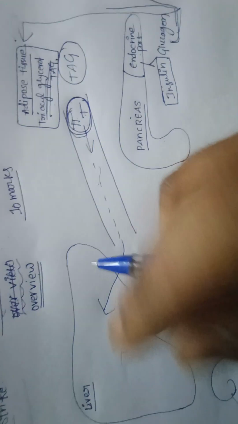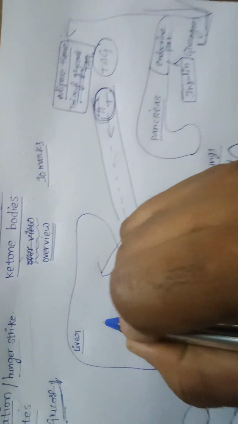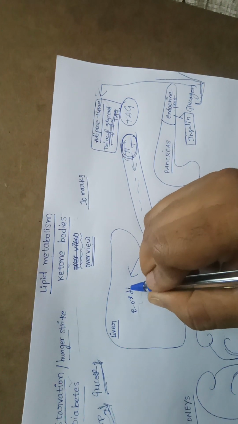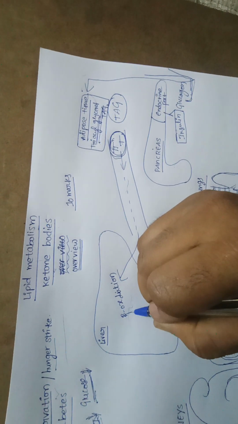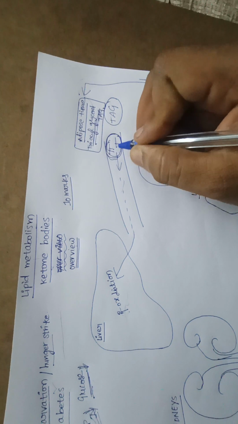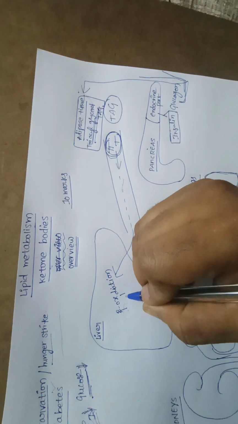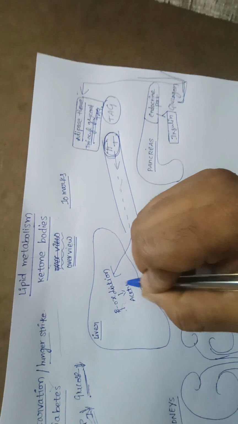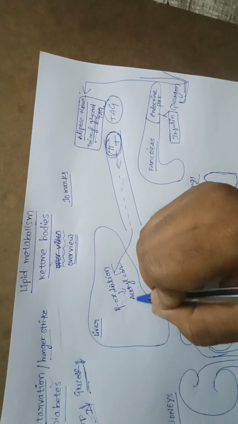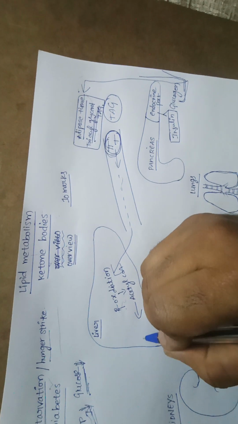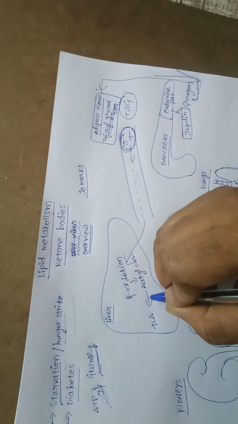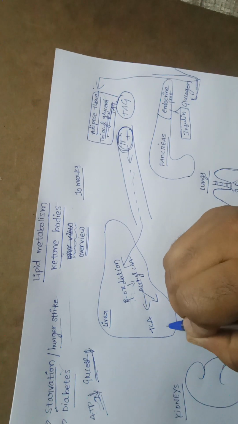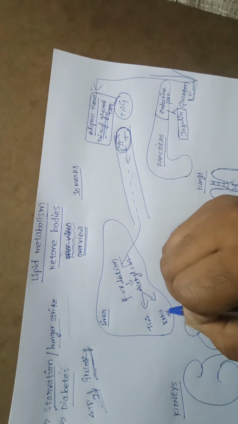In the liver hepatocytes, a pathway called beta oxidation takes place. Beta oxidation oxidizes these fats, diacylglycerols and monoacylglycerols, into acetyl-CoA. The produced acetyl-CoA participates in the TCA cycle, and these acetyl-CoAs are also the sources for ketogenesis.